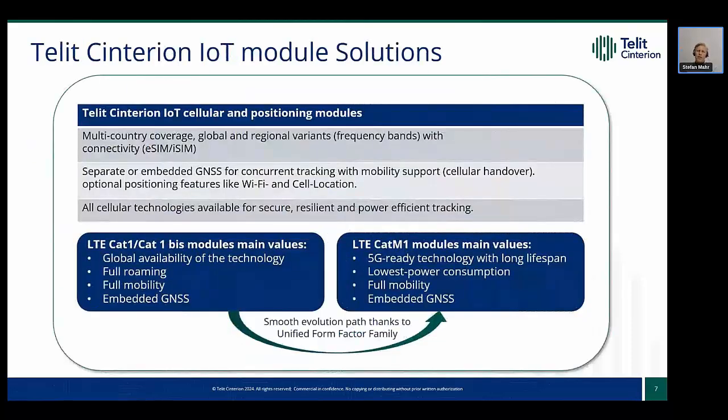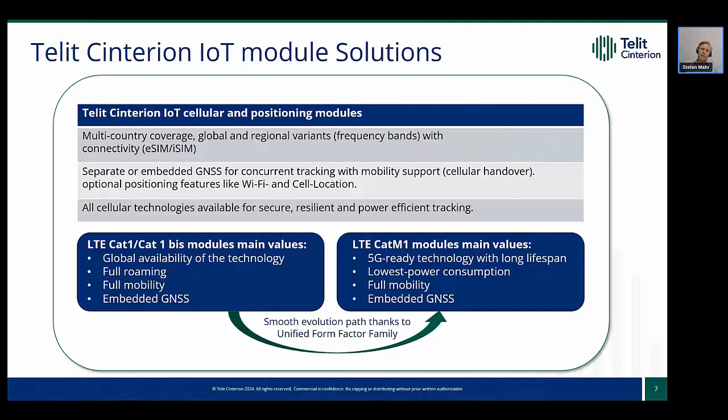So with that, let me name the main points for cellular modules in trackers. First, ensure the module supports the right frequency bands for global or regional tracking, and select a global or regional variant. They are available with eSIM, also embedded SIM, or iSIM, a software integrated SIM, as an option.